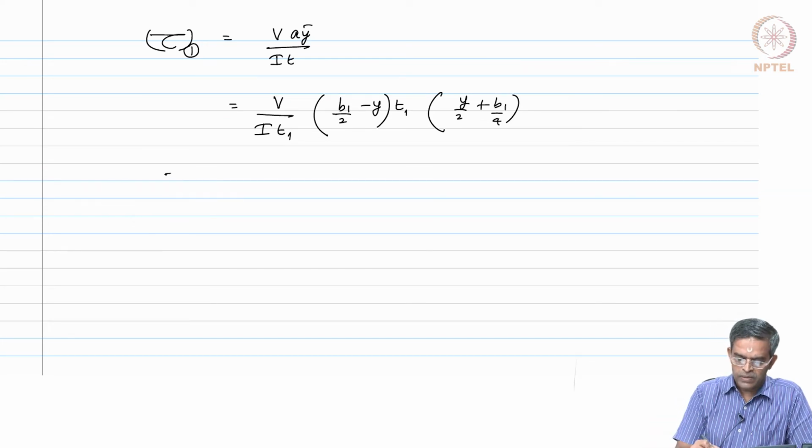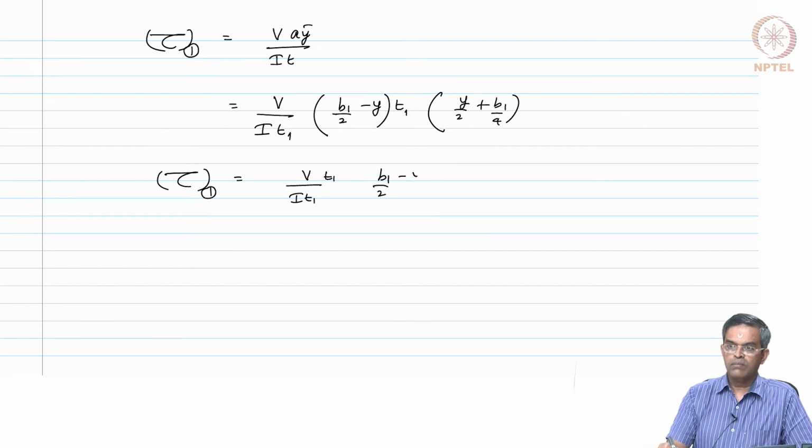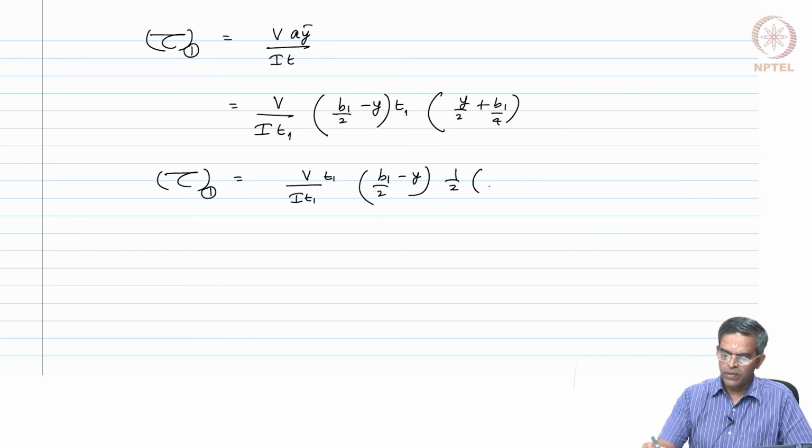Let us simplify this. Tau of member 1 will be V by I T1 of T1, B1 by 2 minus y, half of B1 by 2 plus y. Can I write like this?